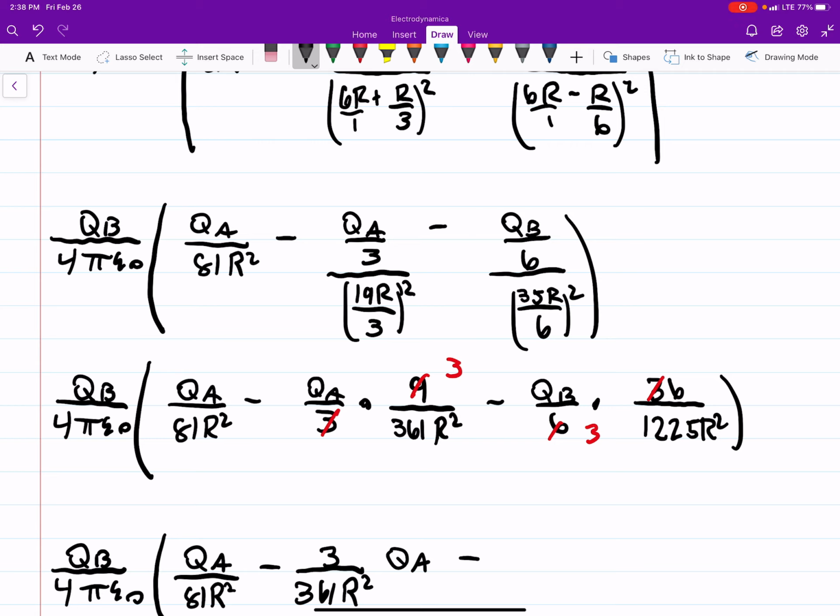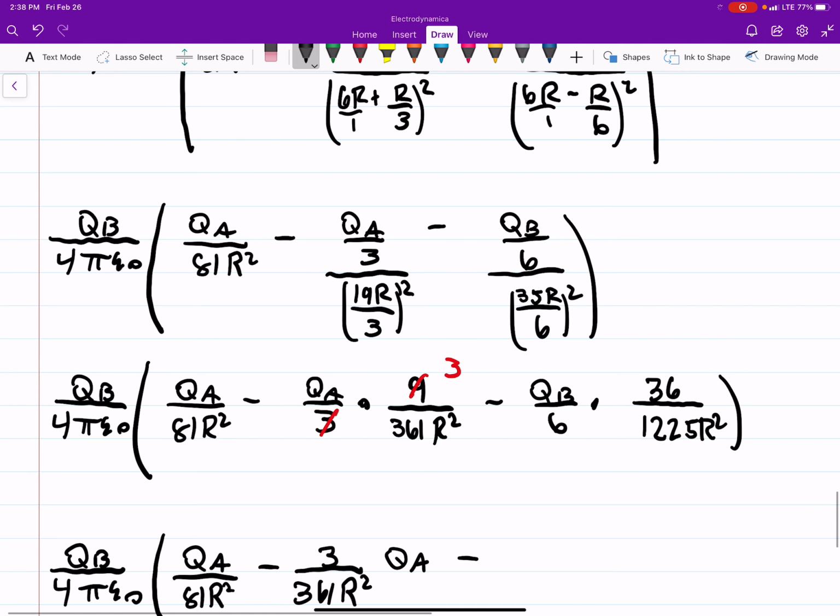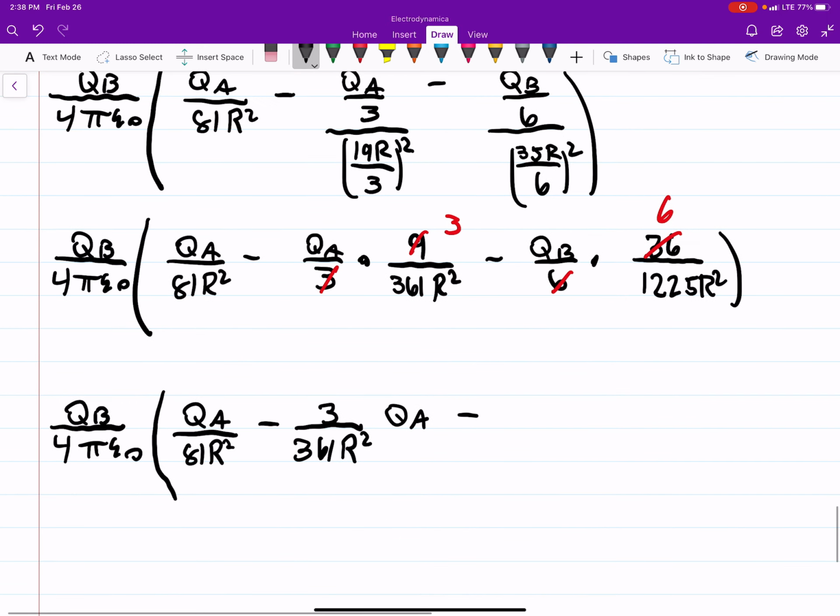Did I do that right? Oh, that's 36, not 6. Duh. Whoops. That actually would just be 6. Minus 6 over 1225 r squared QB.